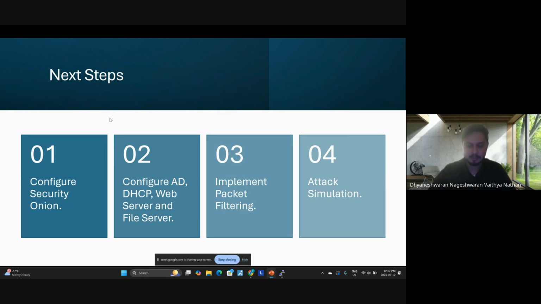As of now, the packet filtering is disabled. We have not implemented it. Once the attack simulation team does the attack and they're comfortable with it, we will enable the packet filtering and leave minor misconfigurations so that using their network reconnaissance tool, they can find where and what the misconfiguration is and then perform their attack.